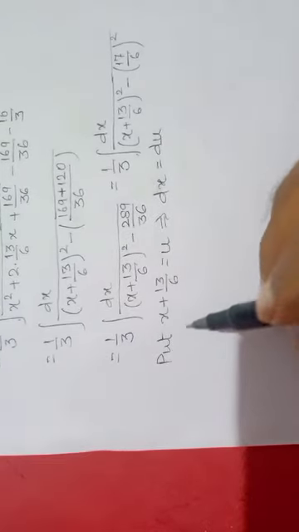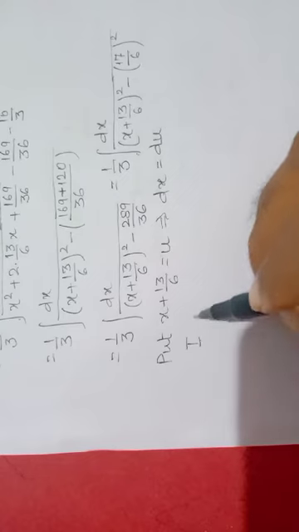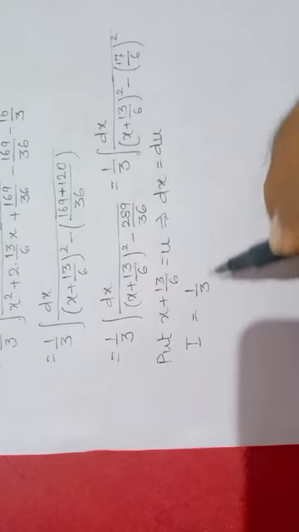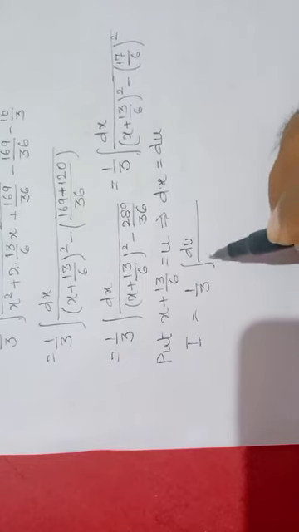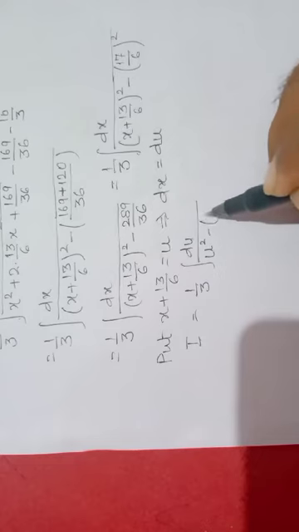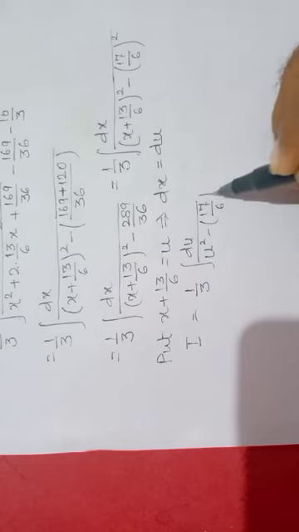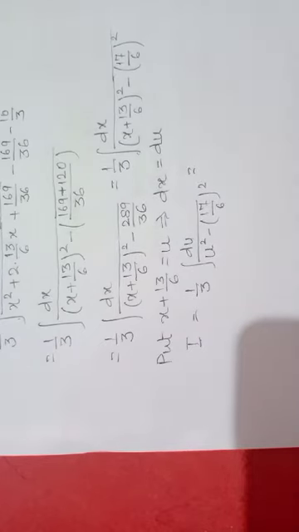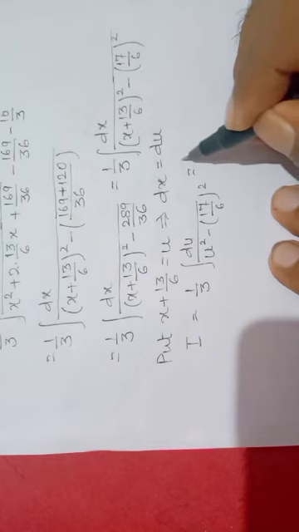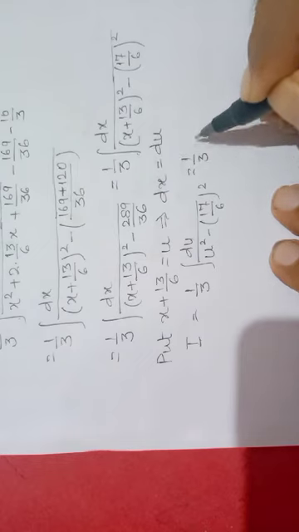So the integration now should be written as 1 by 3 into integral of du by u square minus (17 by 6) whole square. This is according to the formula of dx by x square minus a square. We have derived its identity yesterday. It is, see, 1 by 3 is already here.